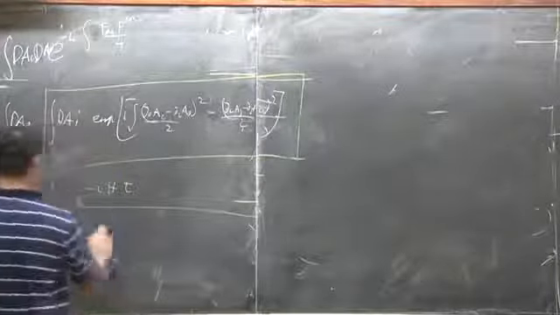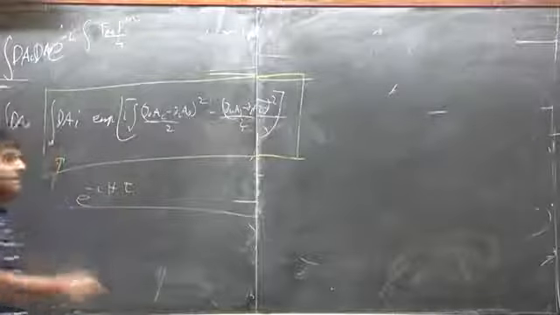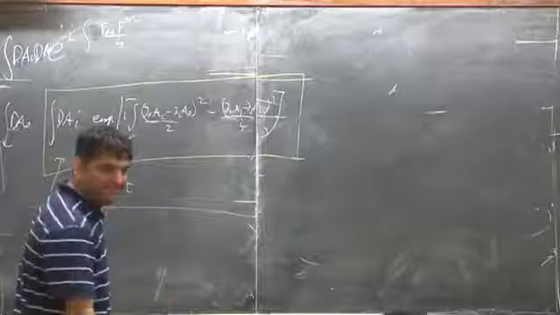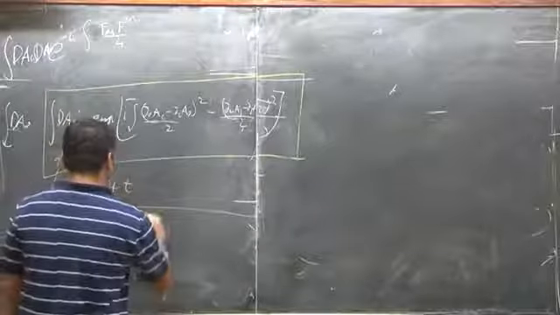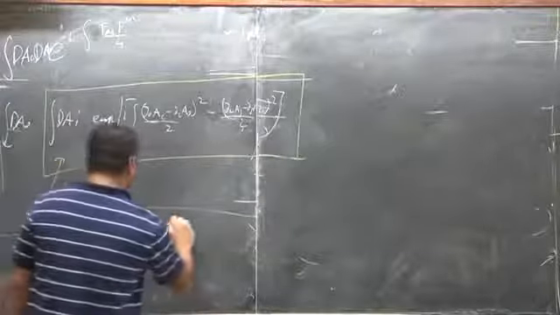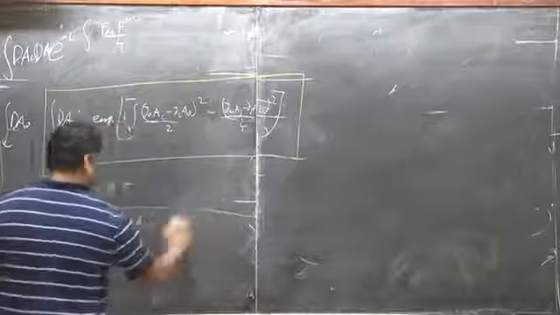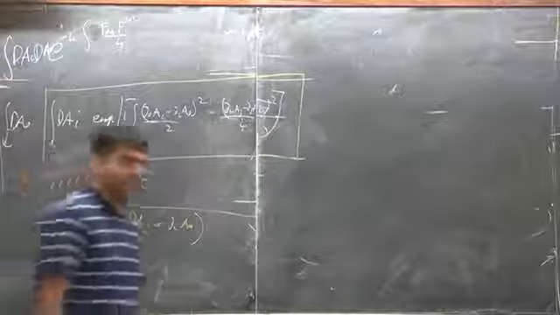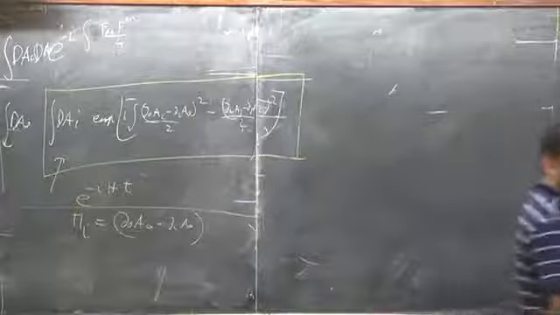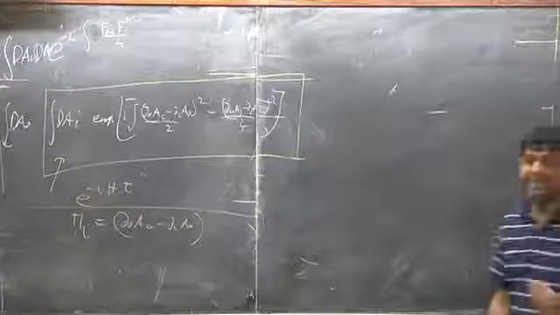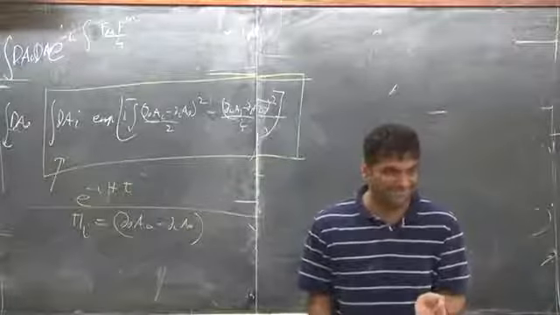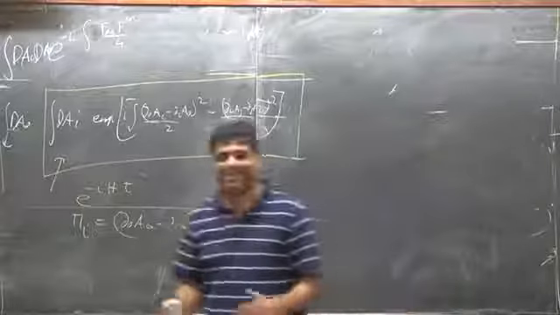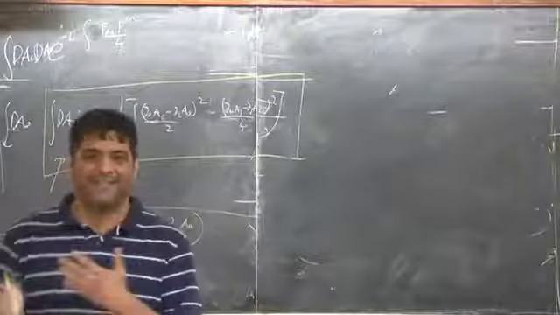What's the Hamiltonian? The Hamiltonian is pi. So what's the momentum conjugate to AI? It's clear, right? The momentum conjugate to AI is del 0 AI minus del I A0. More precisely, the momentum conjugate to AI at x is this object at x.